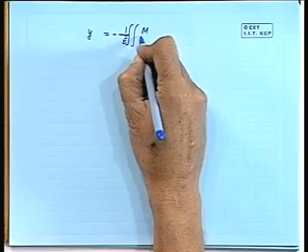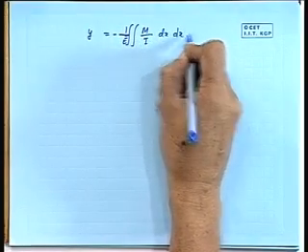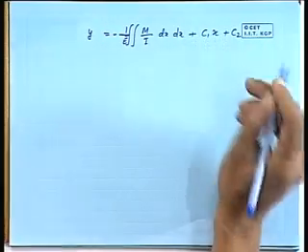Now, if that is the case, then this expression will boil down to y equal to minus 1 by E, taken out, double integration of M by I dx dx, plus C1x plus C2.